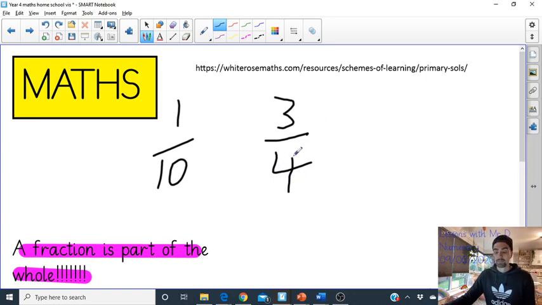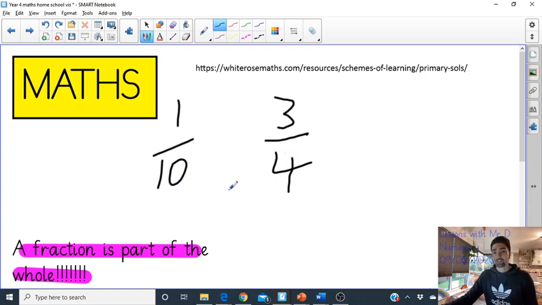Well, I split my whole into 4 parts, and I only have 3 of my parts, so do you think that's a whole? That's not a whole either. This is a non-unit fraction, because the numerator is bigger than 1. Here, the difference is that I split my whole into 4 equal parts rather than 10 equal parts.